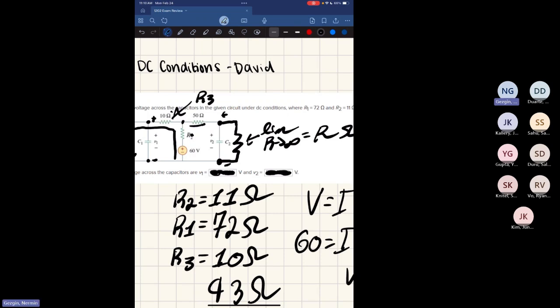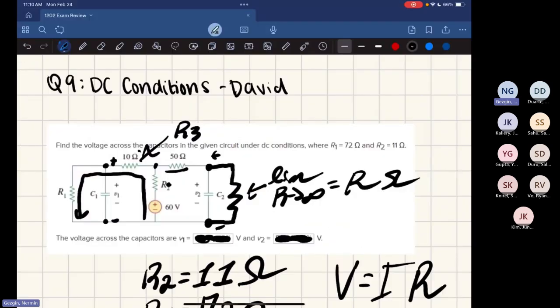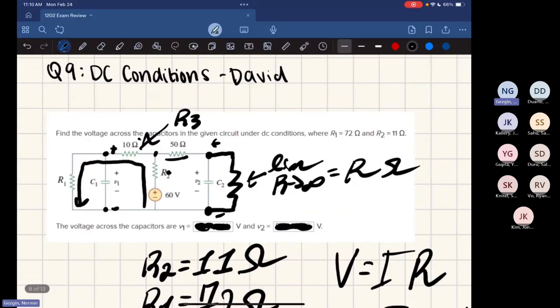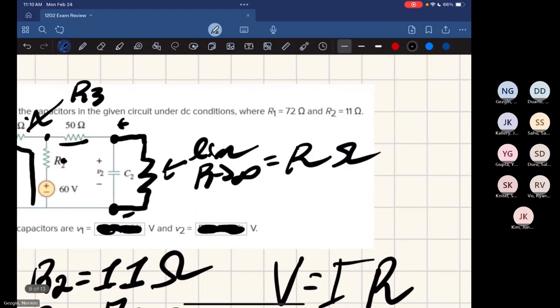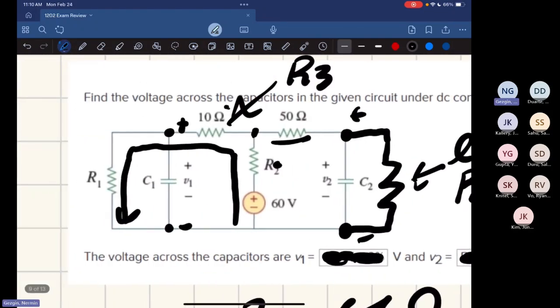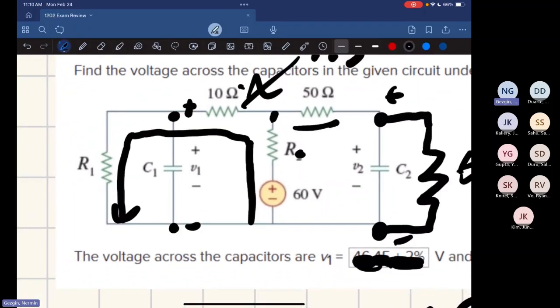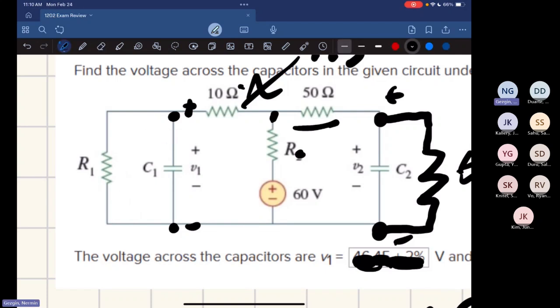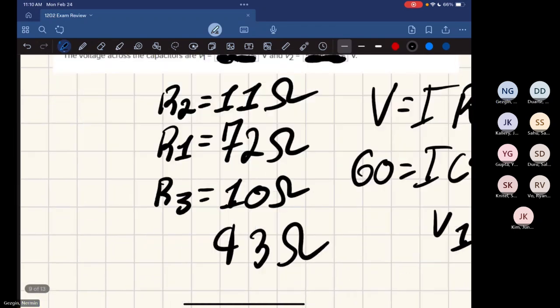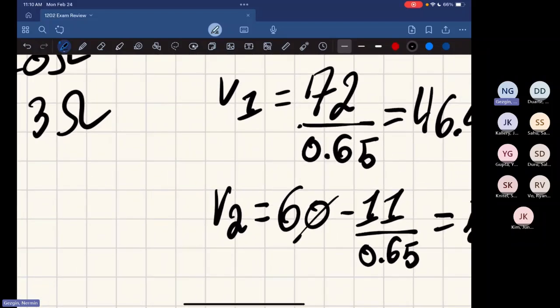Why did we do R1 for V1 and not R3 and R2? For V1, we didn't do R1 and R2 because it's easier to go from the negative side than from the positive side. So we went backwards. Instead of going how the loop is shown, we did some funny math to go that way. For V2 we had to subtract from the voltage supply.